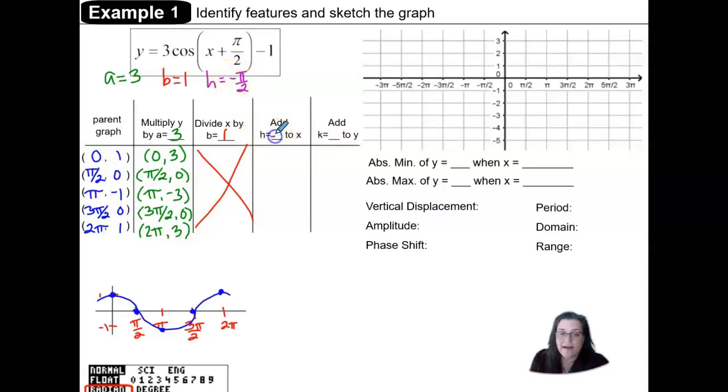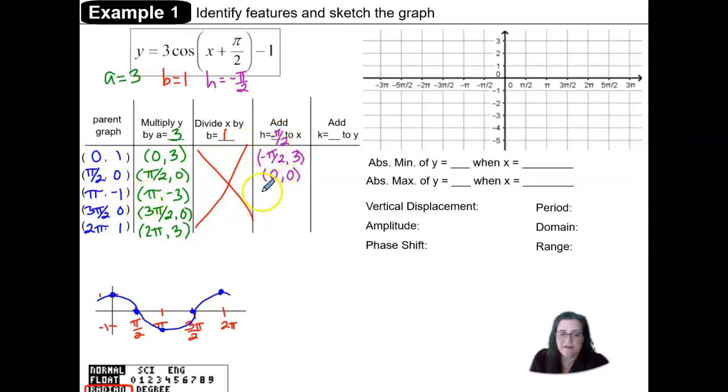So we're going to add negative pi over 2 to each of our x values. So 0 plus negative pi over 2 is negative pi over 2, and the y stays the same. Then we have pi over 2 plus negative pi over 2 is 0, and the y stays the same.